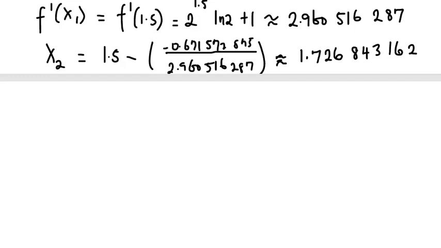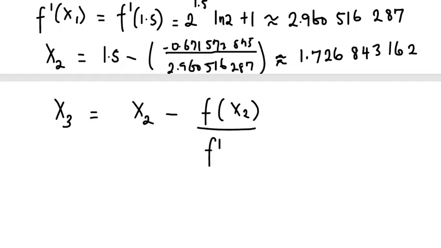Then our x subscript 3 is going to be equal to the x of 2 minus the f of x of 2, right? Then divided by the f prime of x of 2.